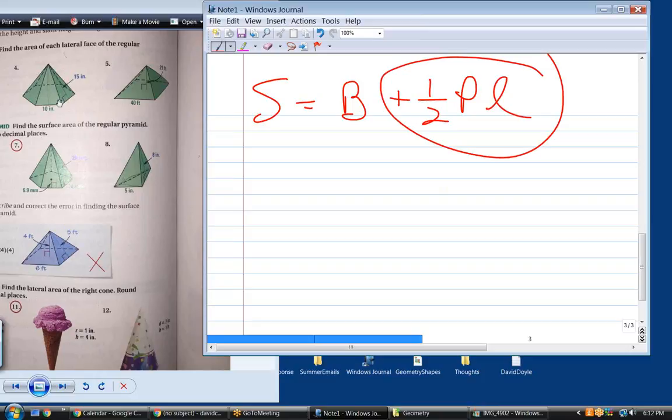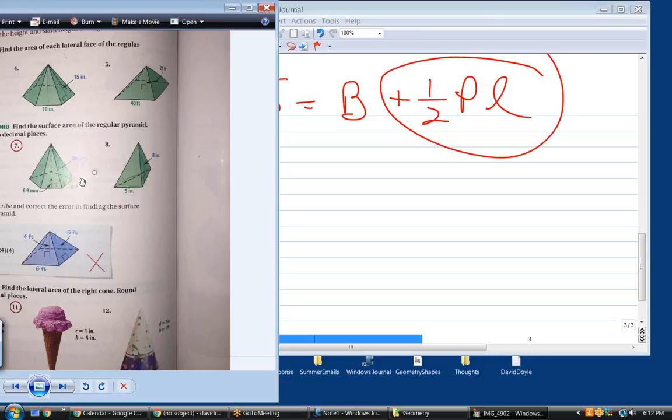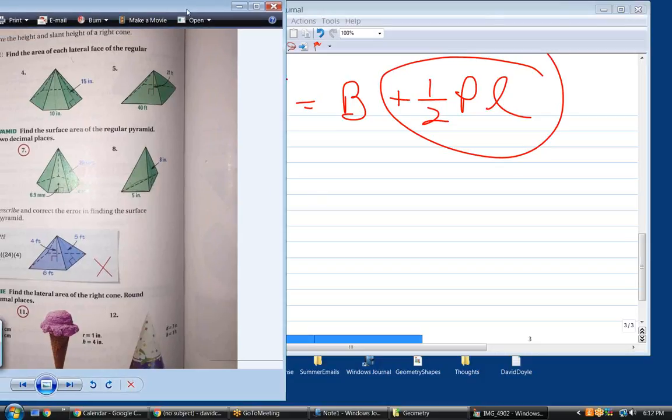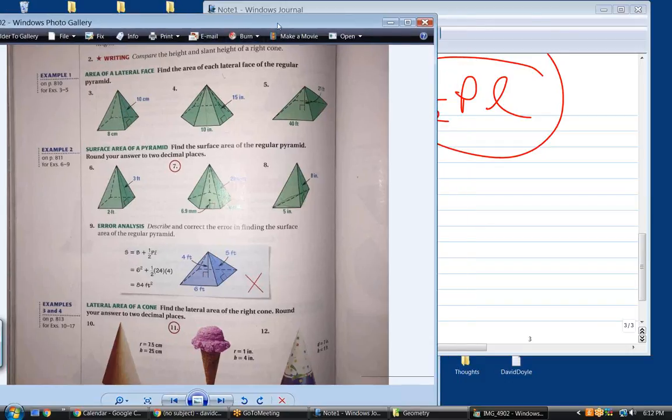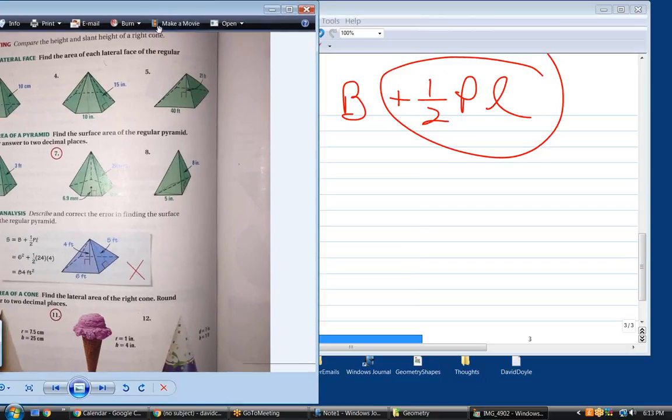We don't care about the area of the base. If I wanted the entire surface area, then I would have had to add the area of the base, even on that last one. In other words, what we came up with was just the area of these 4 faces. We didn't add to that the area of the base, which we would have needed to figure out the entire surface area.